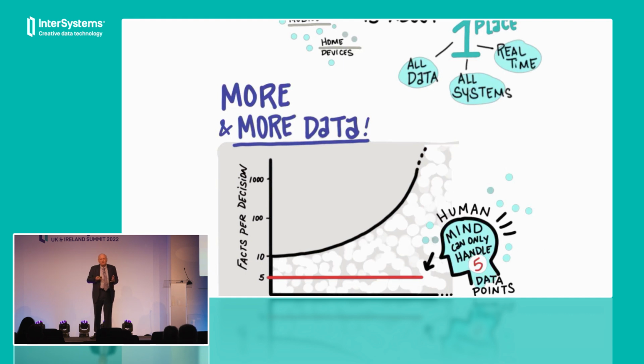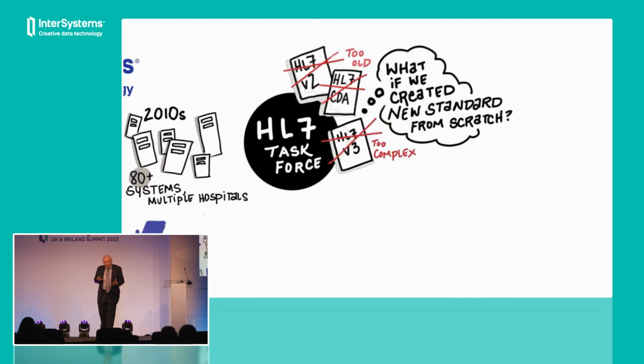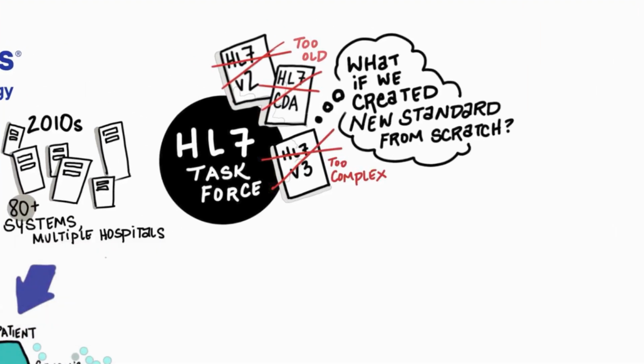The only solution to this problem is to make those facts computable so that computers can help us in making those decisions. So it was that developing reality that led the HL7 organization to form a task force about a decade ago and ask that task force, what if we created a new data standard? What would it look like?